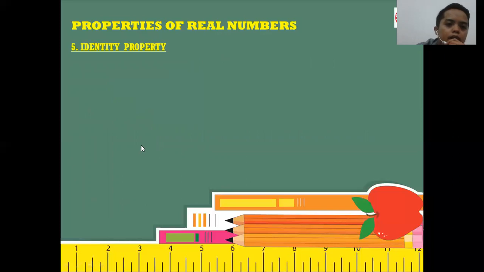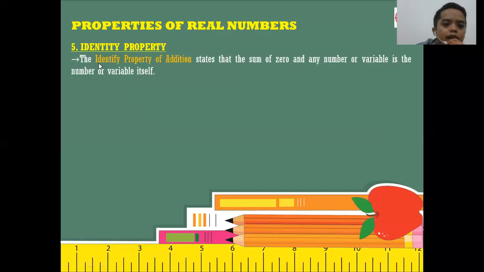For the identity property, number 5. The identity property of addition states that the sum of 0 and any number or variable is the number or variable itself. So it's clear that adding 0 to a number always gives the number.